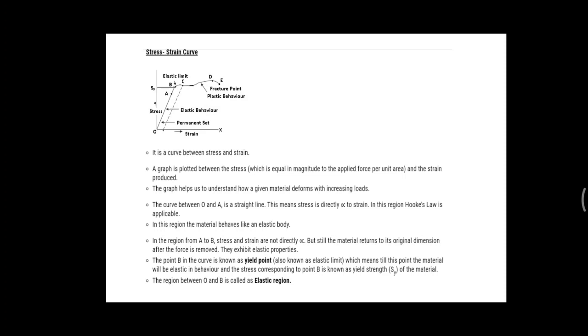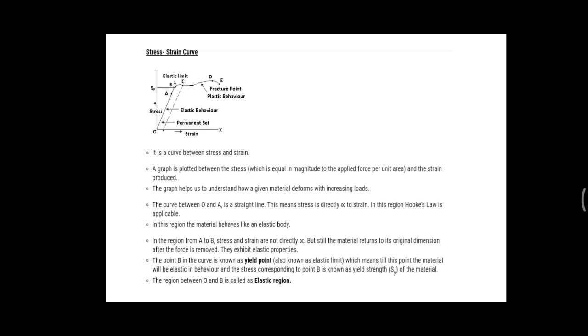That was explained in Hooke's law. That means stress will be proportional to strain for an elastic deformation. And we have seen the proportionality constant in that case is represented by K, and it is known as the modulus of elasticity.